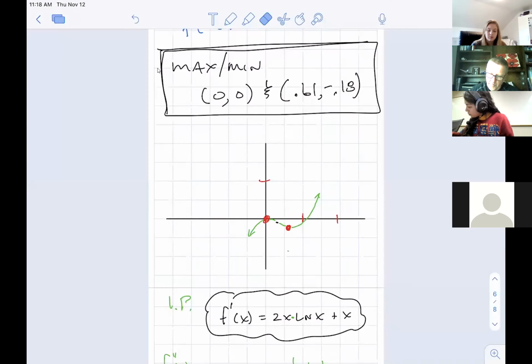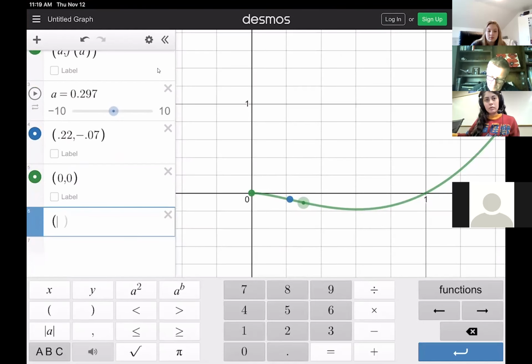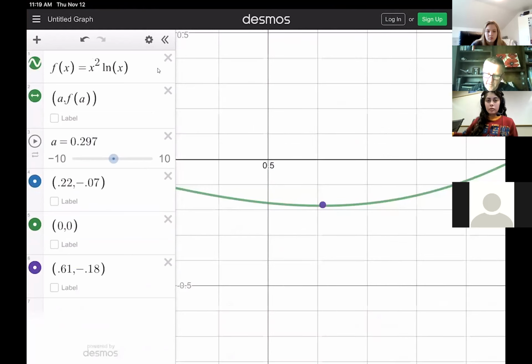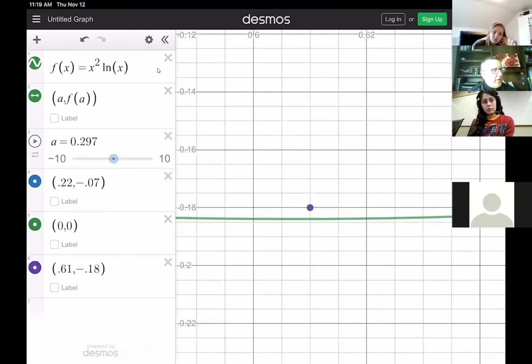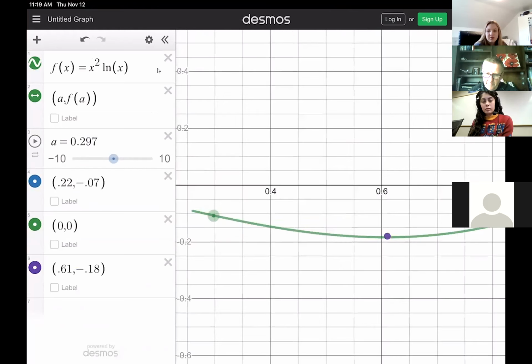-0.61, -0.18. So notice that's working. How come it actually doesn't hit? What did I do wrong? We estimated, it's not the exact number. Yeah, we rounded. That's why it's nice.